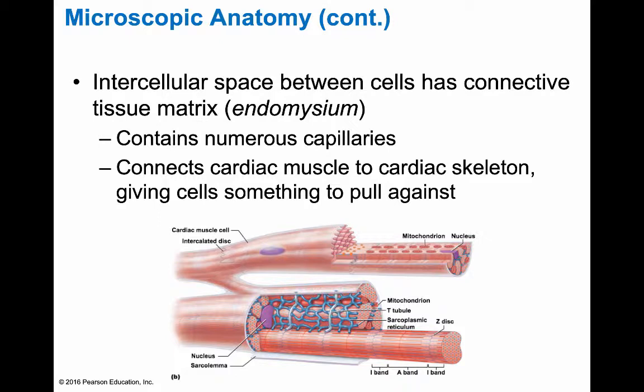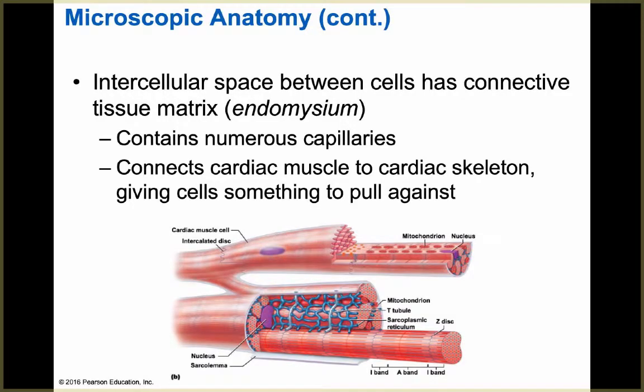You have the A band here. If you remember, you have the Z disc. That's going to hold that actin into place. And then here you can see that you have the thick filaments, which is the myosin, and the thin filaments, which is the actin. This A band is going to be the area of overlap between the actin and myosin.